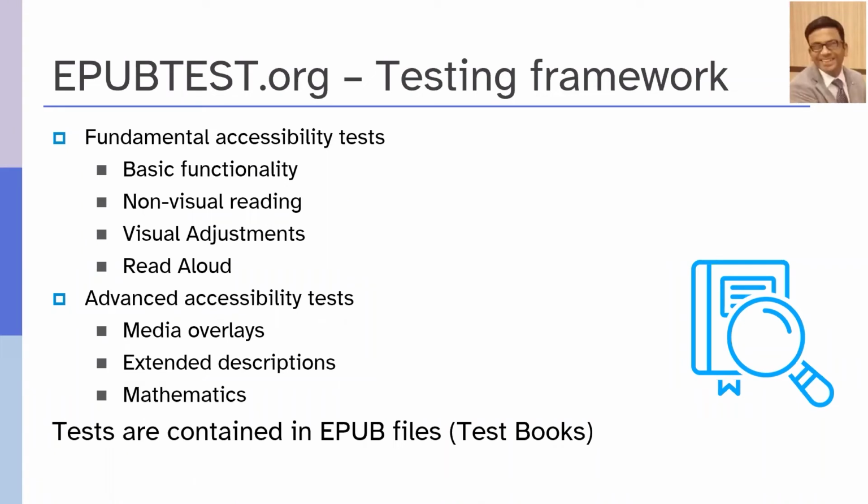And in these tests, you can also check the best practices. Different best practices for providing image descriptions are included in these test books. There is a book for testing support for mathematics, and various best practices or techniques for including mathematics in EPUB are included in these test books.